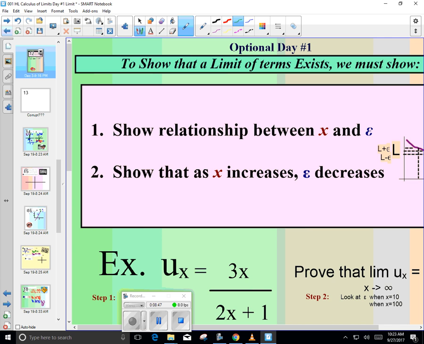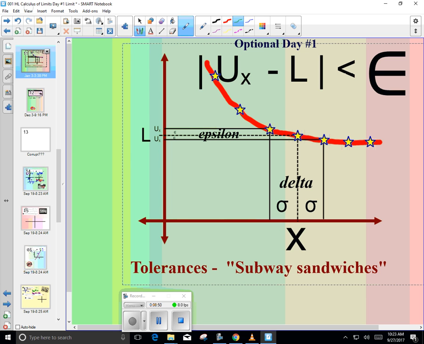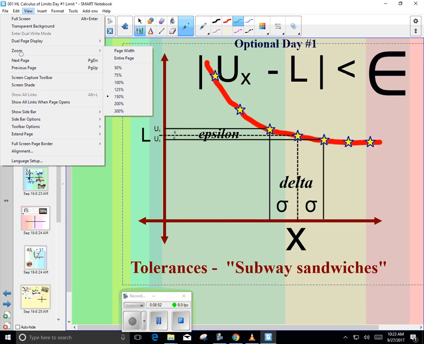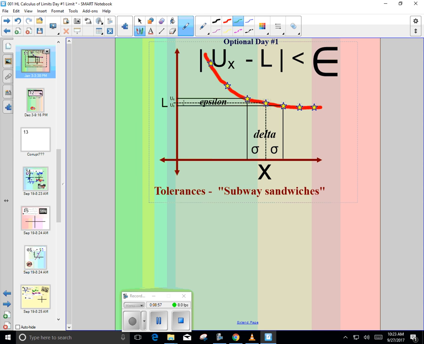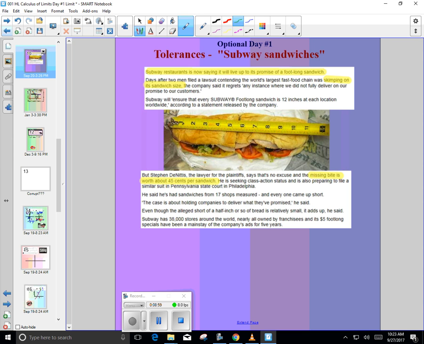Okay, go back to, and I've got to format this so it's normal zoom. There you go. So there's a branch of calculus dealing with tolerances, and Subway got into trouble a few years back because somebody actually measured the footlongs throughout the country, and they are all about an inch short. He figured out that that's 1/12 of the cost of a Subway sandwich.